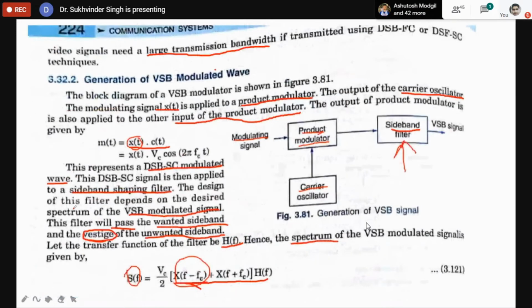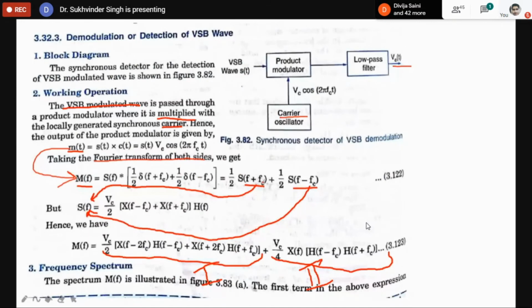We have already discussed that this spectrum of the modulated wave is given by 3.121. We will make use of this equation 3.121 in place of this S(f) plus minus fc. So in this equation, in place of f, we will substitute f plus minus fc.